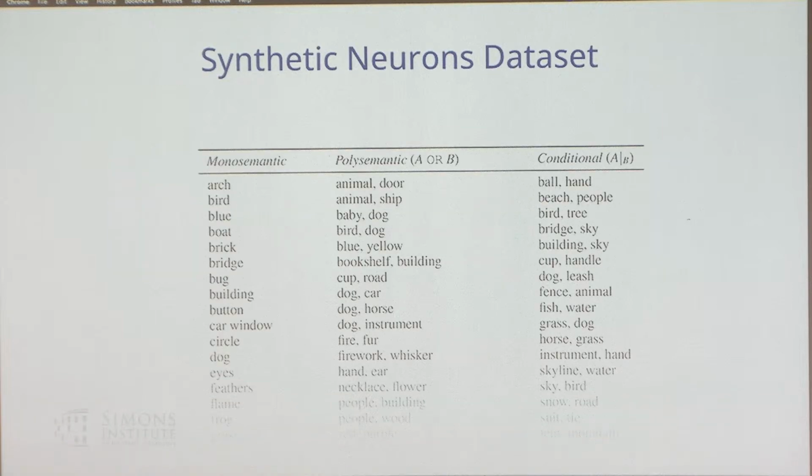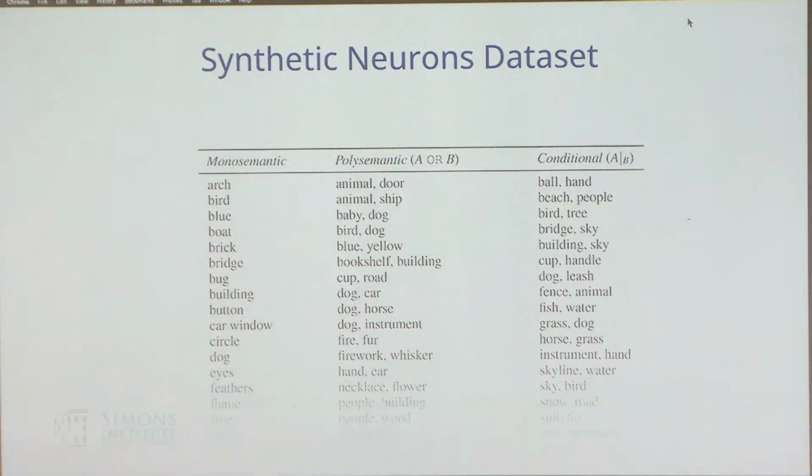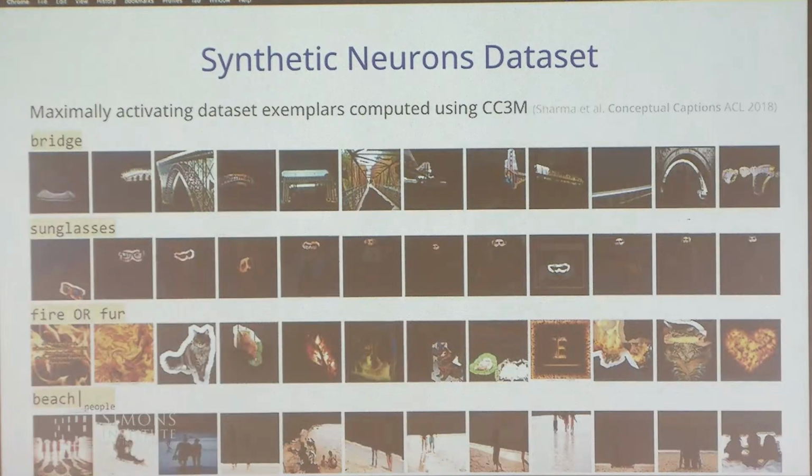So we have a pretty big data set of these synthetic neurons that vary in complexity from simple monosemantic neurons that respond to single concepts to polysemantic synthetic neurons that respond to either one concept or another, and then the more complicated conditional neurons that I showed you an example of, balls, but only when hands are present. And we can compute data set exemplars of these neurons using a large real-world image data set like ImageNet or CC3M.